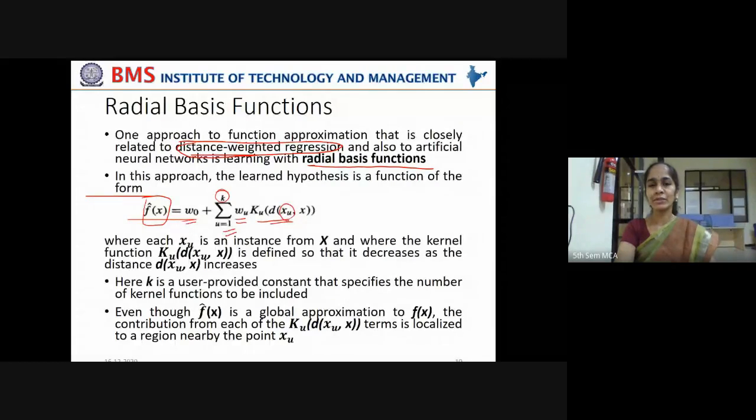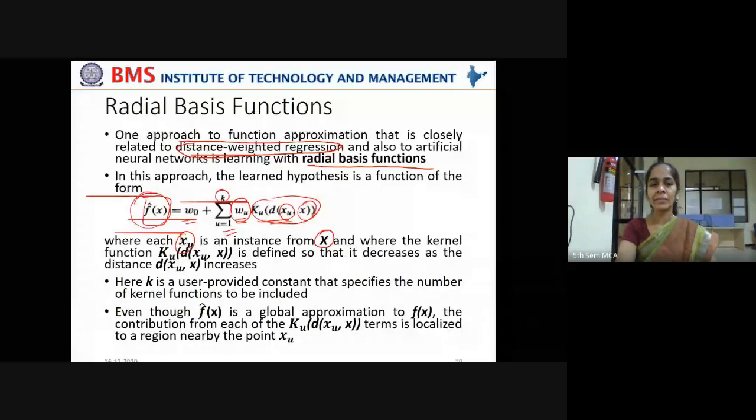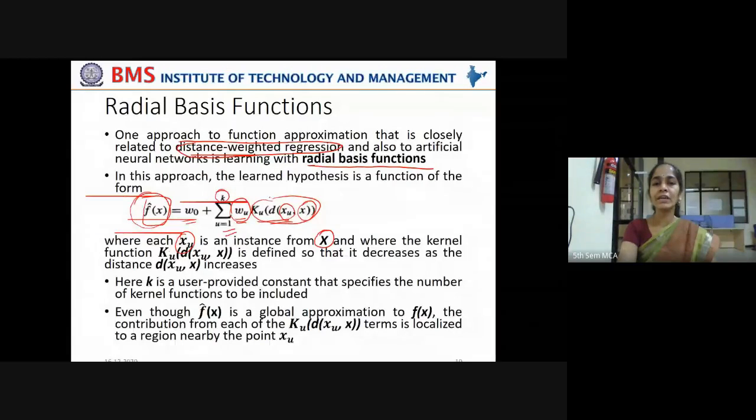xu is the new instance and its distance from the existing instance. That function is multiplied by the weight associated with that attribute, and all such weights are added, and that will give you the approximated value of x. Okay, here xq is an instance from the instance set X, and here we call it the kernel function.